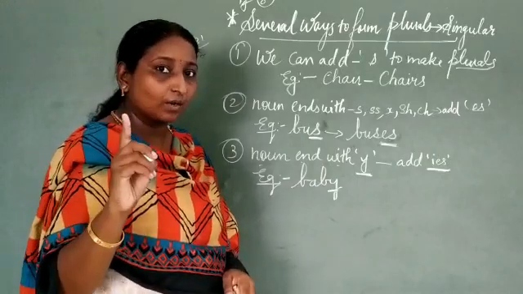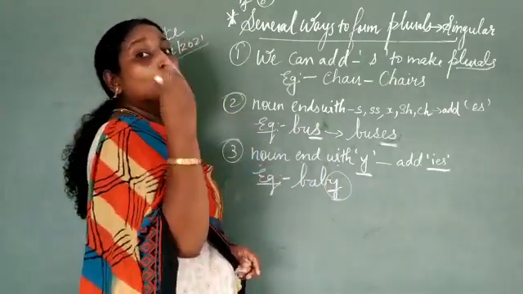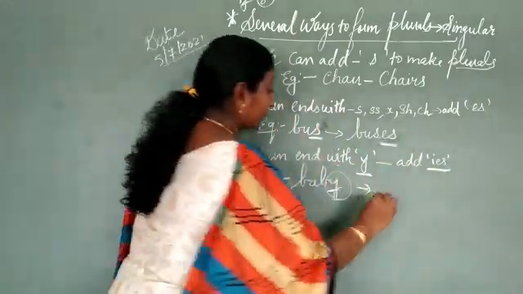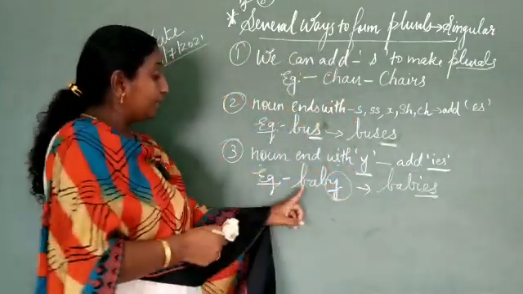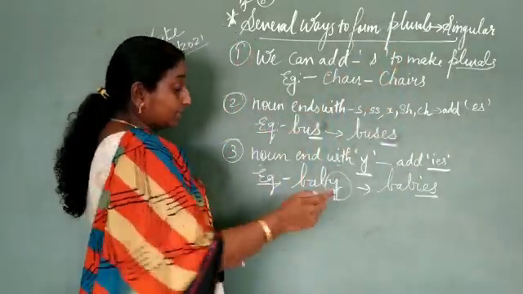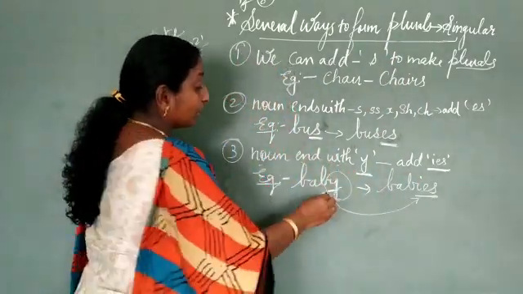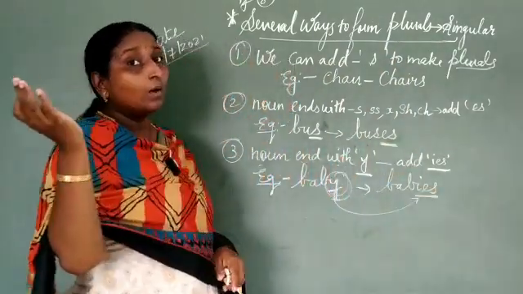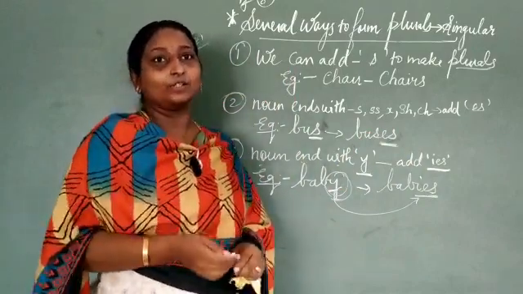Baby means a singular noun and it ends with Y. And if I have to make it a plural noun, more than one, I have to add I-E-S. So it will be B-A-B-I-E-S, babies. Because a word that ends with Y, you have to add I-E-S for making it a plural noun. Understood, children?